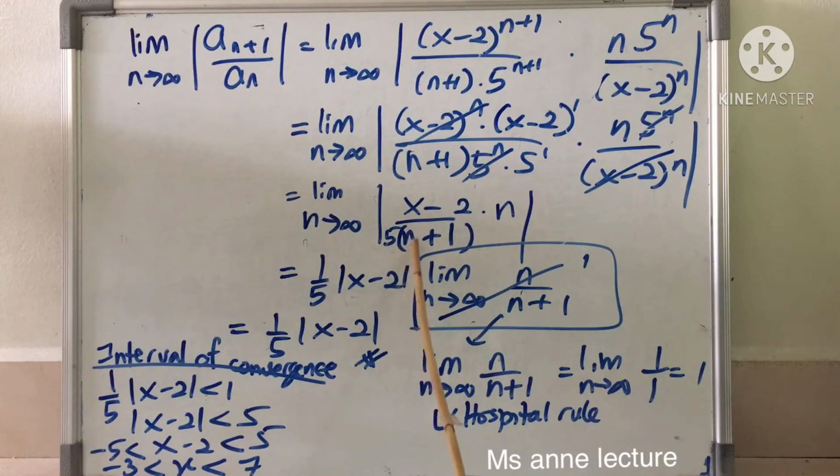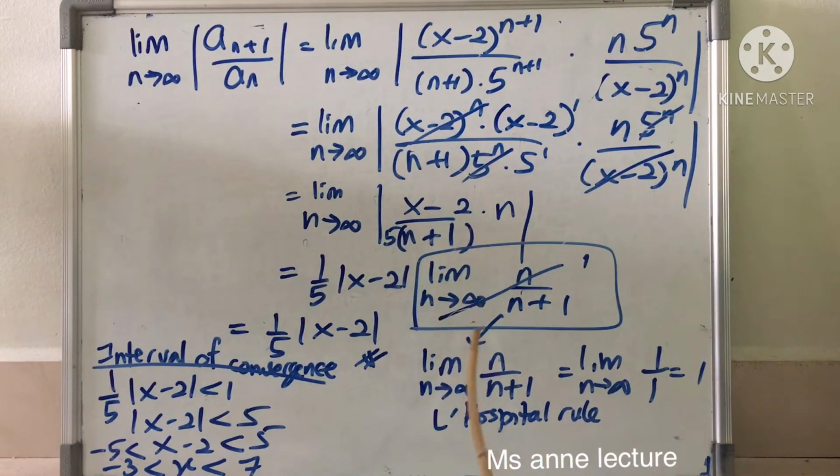If you see here, the limit is for n only, so you have to put everything which is not n outside the limit. So I put the coefficient 1 over 5 and the absolute value of x minus 2, don't forget the absolute value, and I leave the limit as n approaches infinity of n over n plus 1.